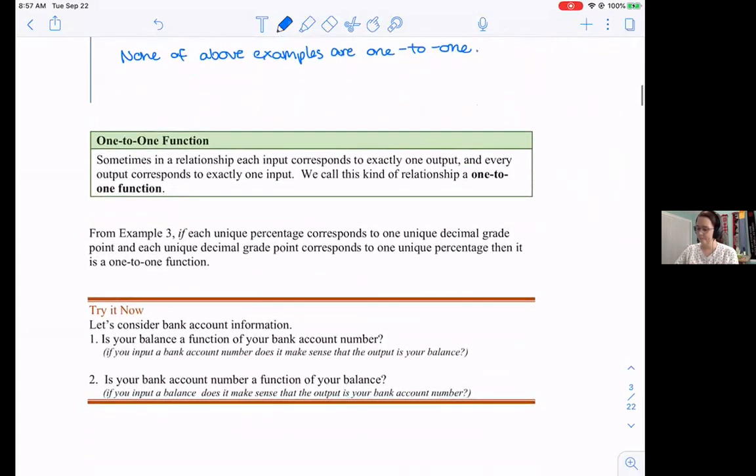Okay, so let's consider a bank account. I'm a teller at a bank, and I have a bank account number. If I put that bank account number in, am I going to get a single output of my balance? Or could it show more than one balance for my bank account number? That's what it's asking: is balance a function of your bank account number? Here my input is account number.